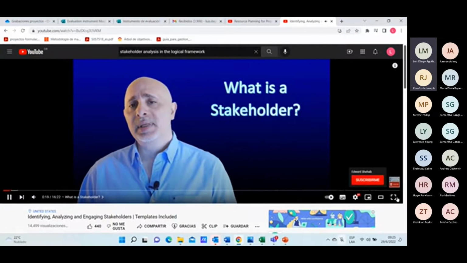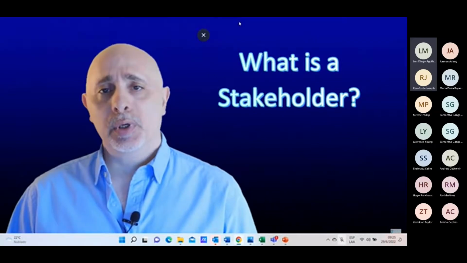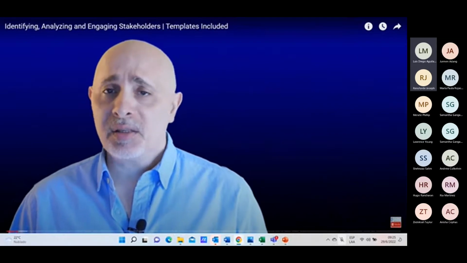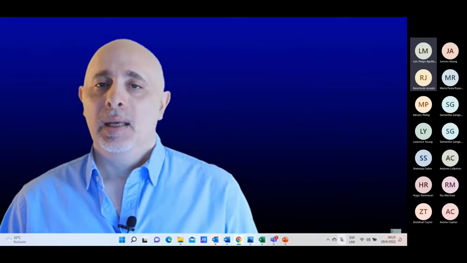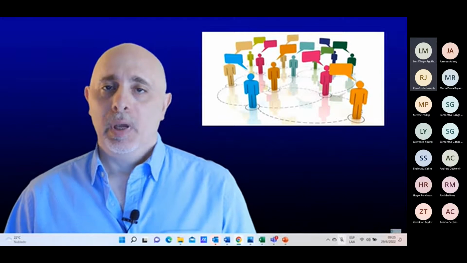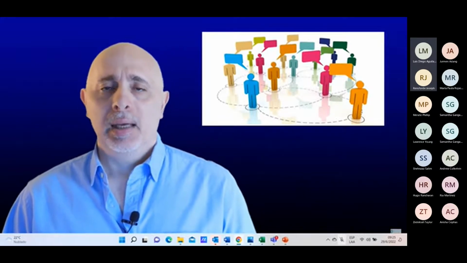A stakeholder is anyone who is actively involved directly or indirectly with a project or initiative that you're involved in. These stakeholders' interests may be positively or negatively affected by the initiative that you're working on. A stakeholder may exert influence on your project and its deliverables. We may directly or indirectly interact with these stakeholders.